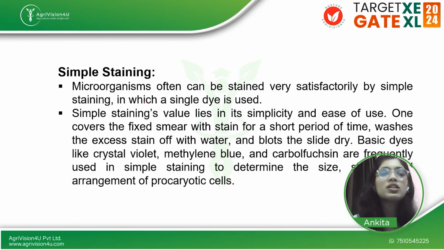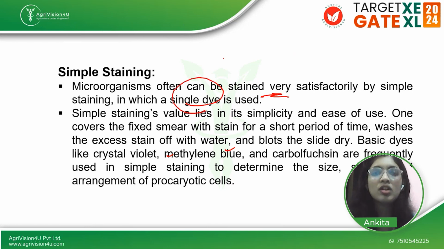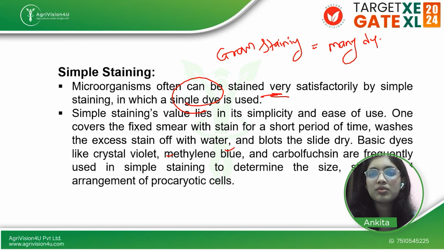In simple staining, microorganisms are stained by a technique in which only a single type of dye is used. In gram staining, many types of dyes are used, while in simple staining only a single type of dye is used.